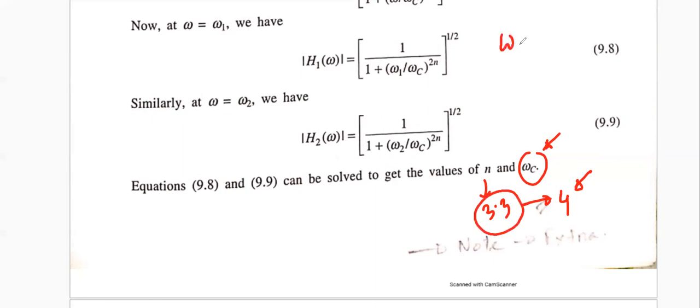Let's say we took omega C equal to 8 kilohertz. For that one, we got n equal to 3.3. It should be counted as 4. Then we can expect that the cutoff frequency can be met more accurately than the 8 kilohertz.